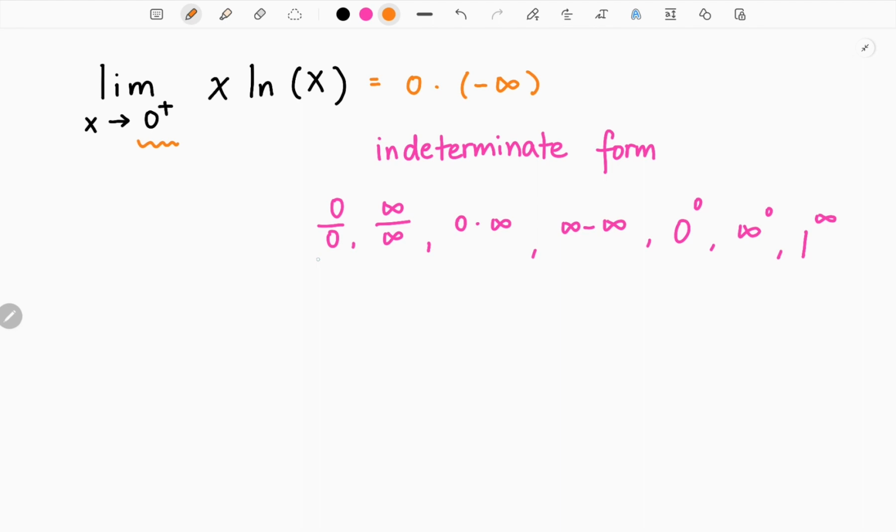For the first two cases, the most common way to solve is by using L'Hopital's rule, which is taking the derivative of both the denominator and numerator and then plugging in the value again. For the next two cases, we cannot use L'Hopital's rule directly, and often a rewrite of the function is needed.